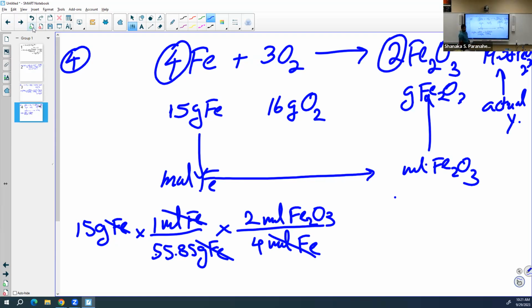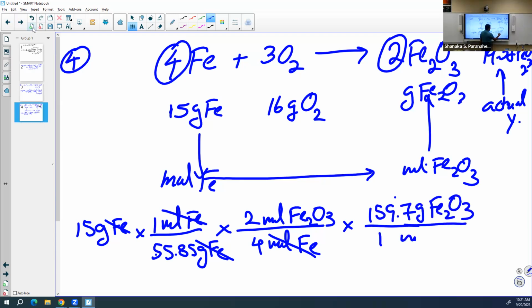We use the balanced coefficient from the balanced reaction. And last one, molar mass will be given in the question. It is not given here, I guess, but I will give you the molar mass of all the compounds. So Fe2O3 molar mass is 159.7 grams of Fe2O3, 1 mole is equal to that mass.